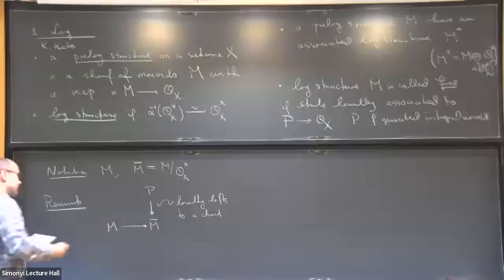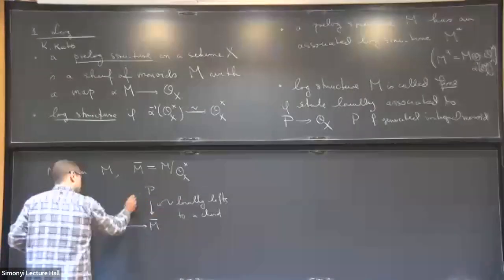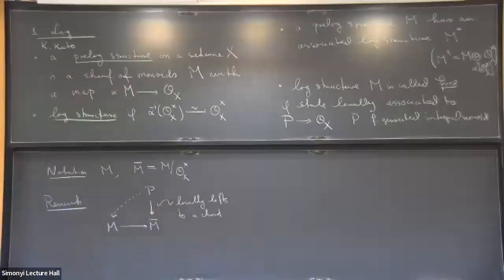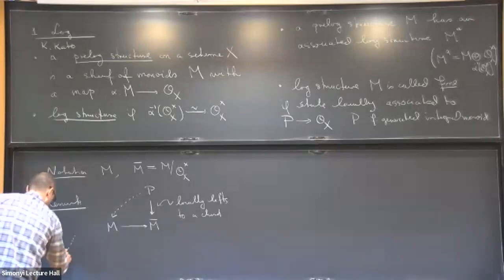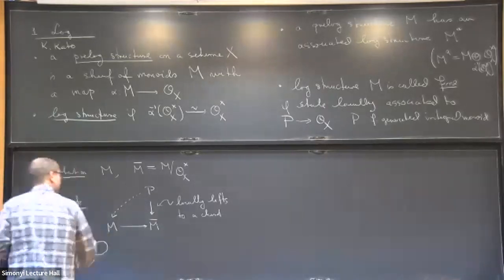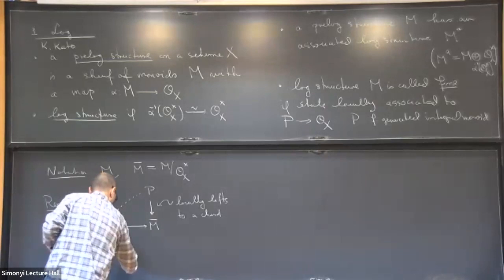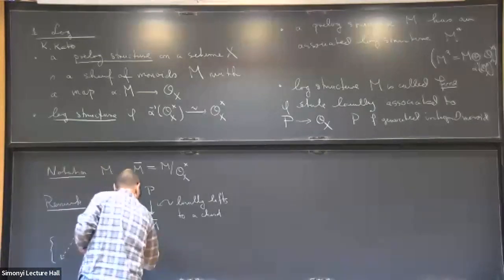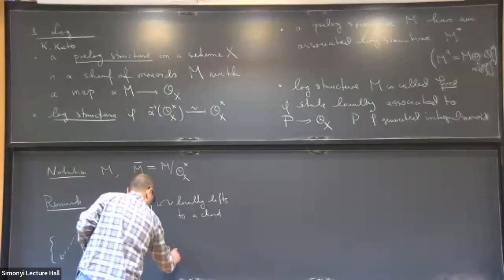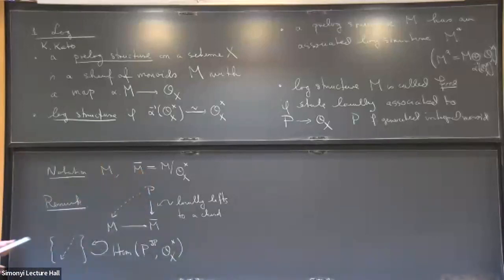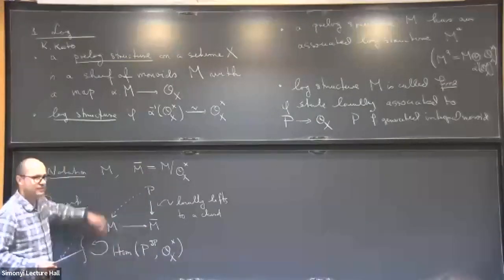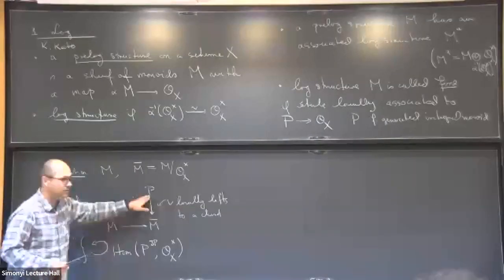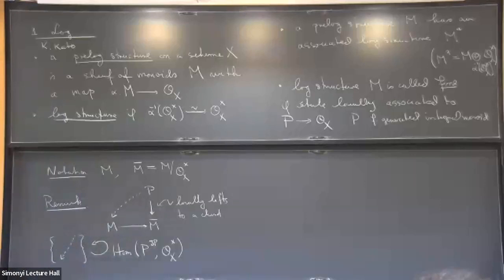If you think about the set of lifts of that map, this is a torsor under the homomorphisms from P group to O_X star, because you have the action of O_X star on M, and this is a quotient.